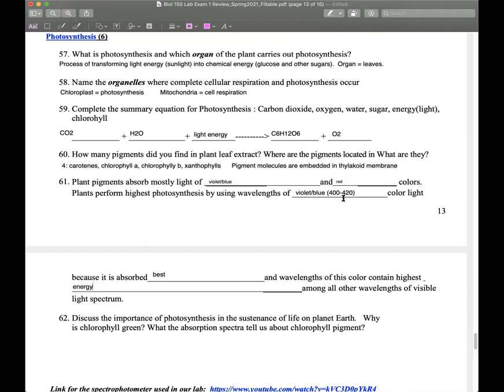Because the waves are closer together in the violet blue spectrum, the light has more energy, instead of being more spread out. So let's actually write that. That's an important relationship to keep in mind. The shorter the wavelength, the higher the energy.